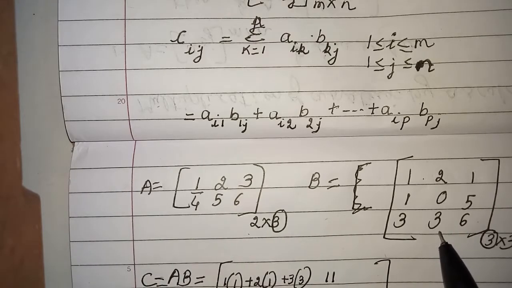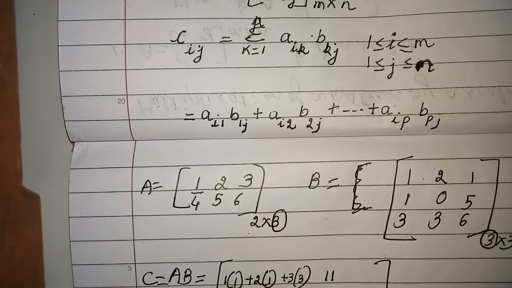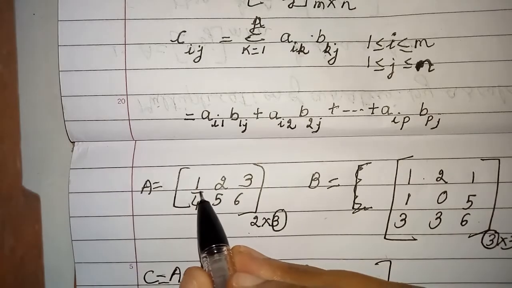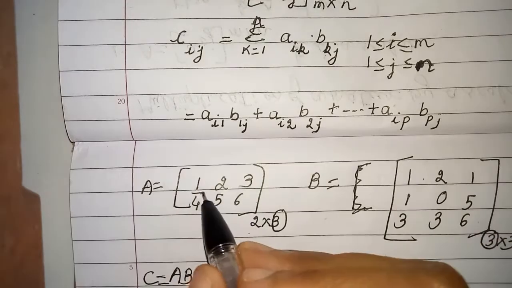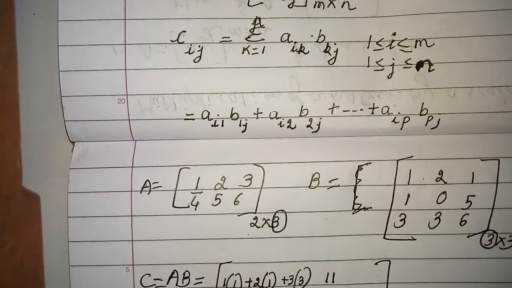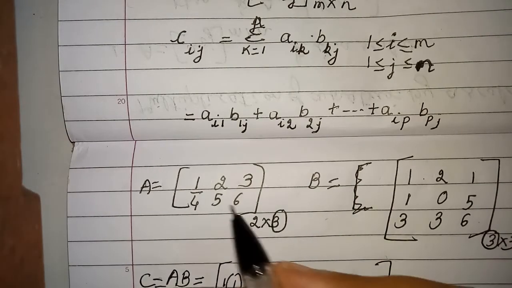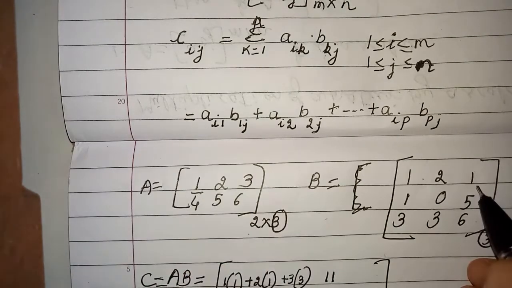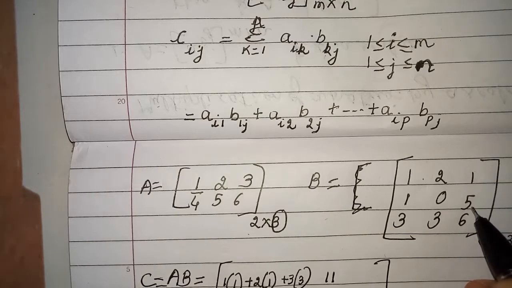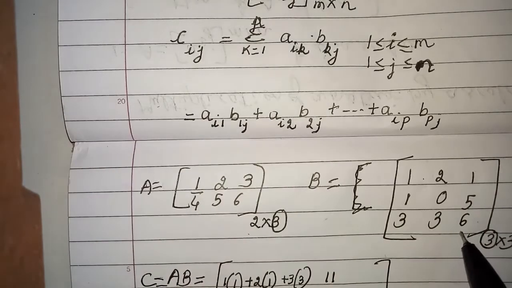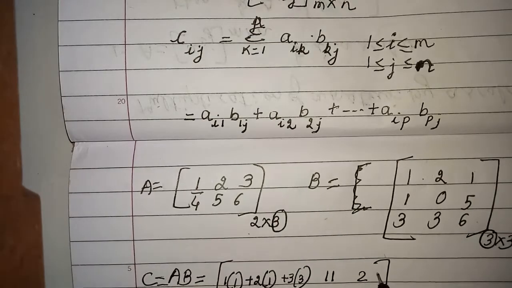So 8 plus 18 is 26. Similarly, first row, third column. So every row will go with every column. Is that clear? Similarly, 1 with 1, 1 plus 2 into 5, 10. So 10 plus 1, 11, and 3 sixes are 18. So it will make 29.